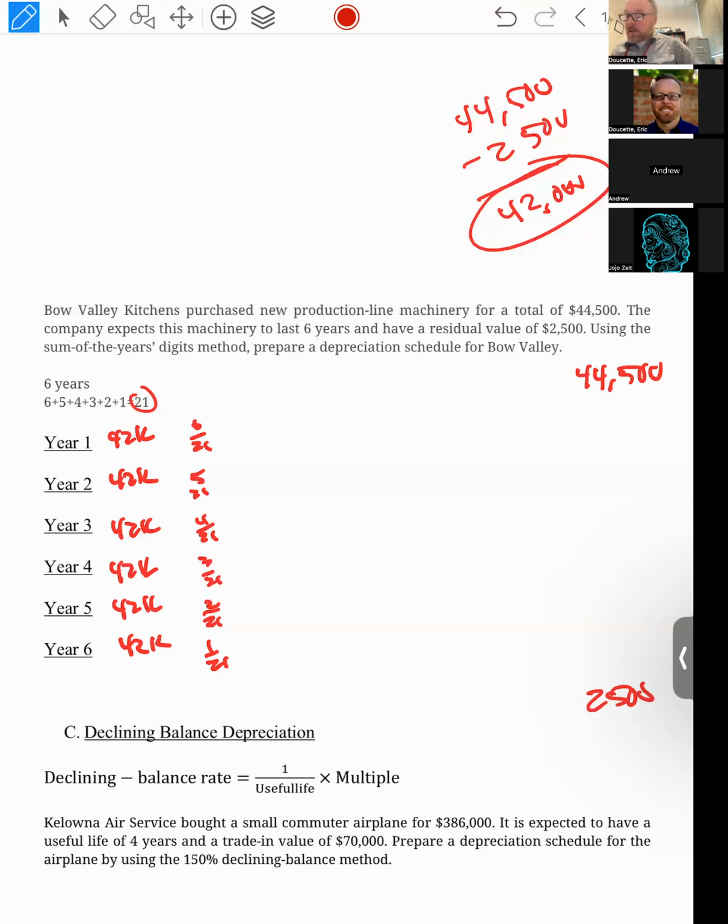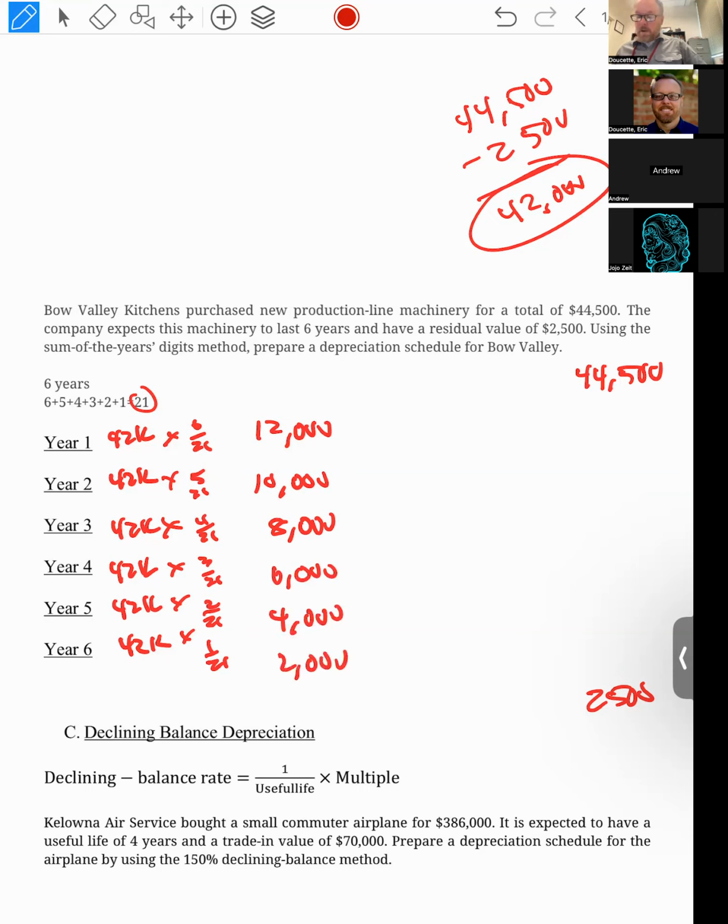So again, we're just going to multiply all of these to get the depreciation for each year. And when I did it, I just put the values in so that way I don't have to. So this came out to 12,000. This came out to 10,000. This came out to 8,000. This came out to 6,000. This came out to 4,000. This came out to 2,000.